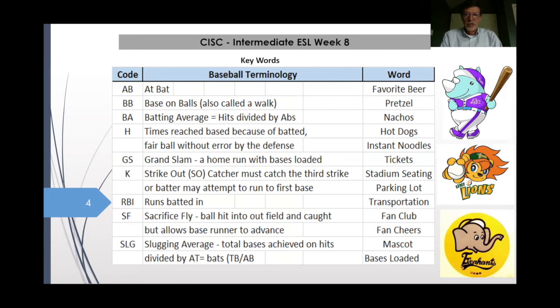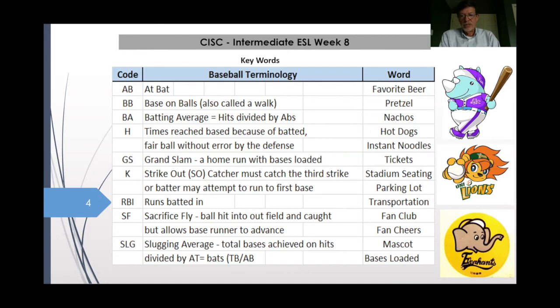Now I'm going to go through the code and the baseball terminology just once, but I will go through the words twice, because those are words you'll probably need to remember. You don't need to remember them, but if you go to a game here in the US, you'll find them useful. Anyway, code AB is at bat.